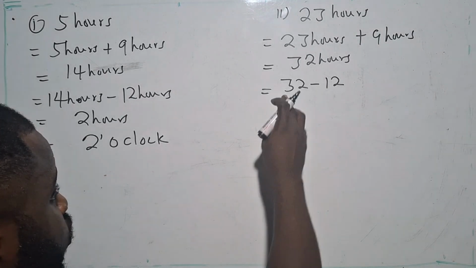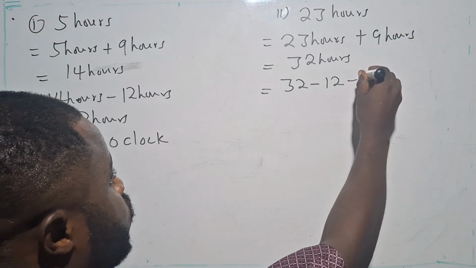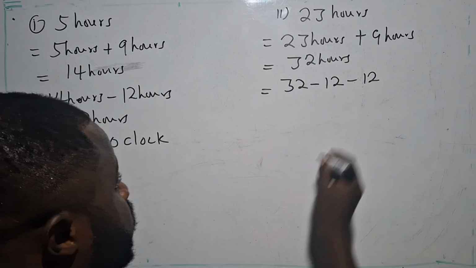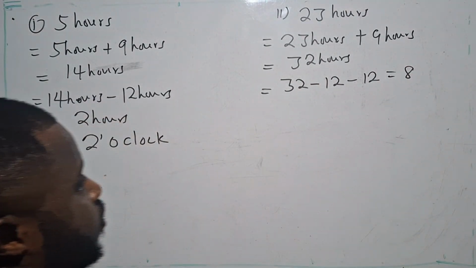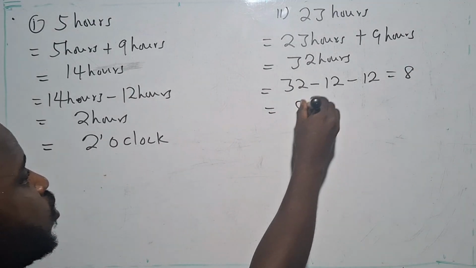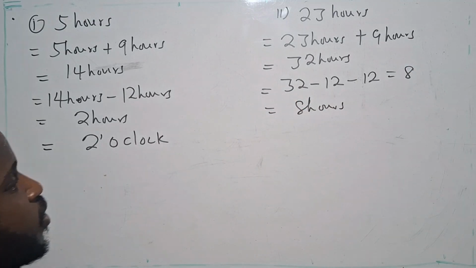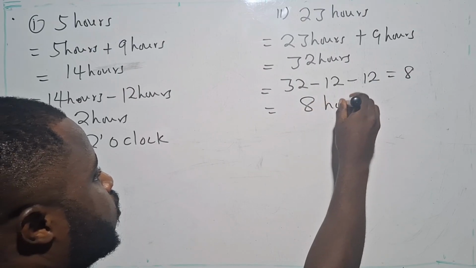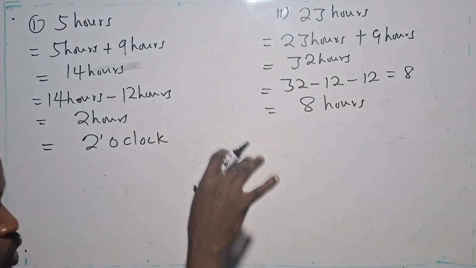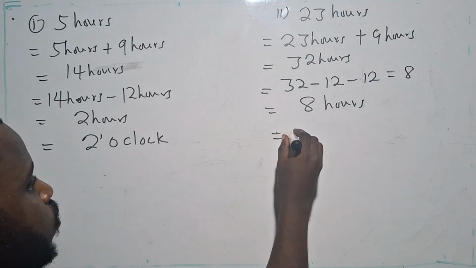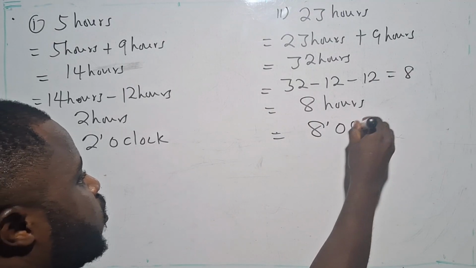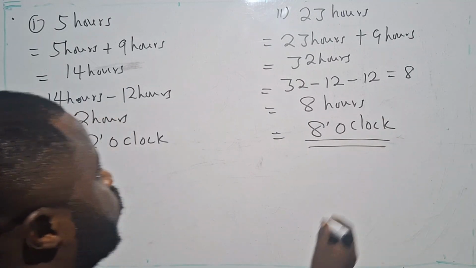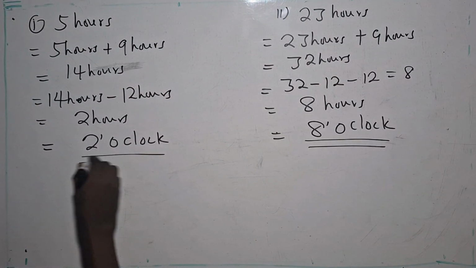I don't think so. 32 minus 12 is 20. Then you subtract 12 again from it, which gives us 8. So this is going to give us 8 hours, which is lesser than the 12, or you say it will be 8 o'clock.